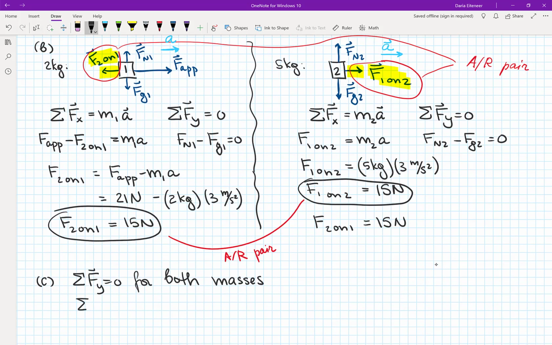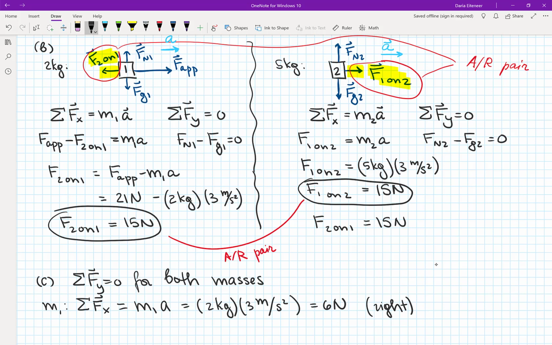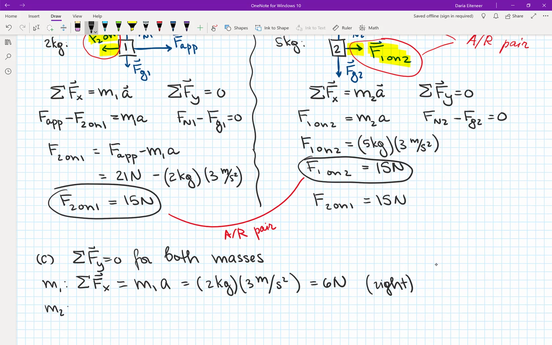Let's do sum of all forces. Remember, sum of all forces is the same thing as net force. So for the first object, it's going to be just m1 times a. So 2 kilograms times 3 meters per second squared, 6 newtons. That's the net force on m1. This is to the right. And for m2, net force in the x direction is m2a.